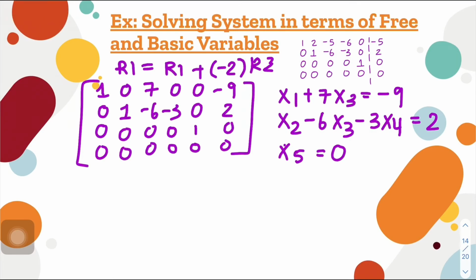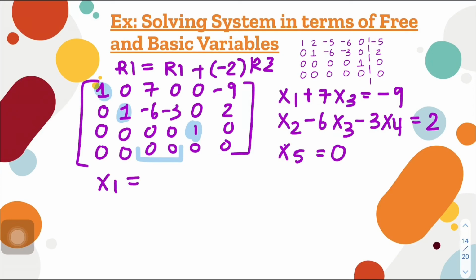So we need to just rewrite everything in terms of our variables. Right here, we know that x1, x2, and x5 all are pivot variables, which means that they are basic variables. Versus x3 and x4 here, they are free variables. So let's rewrite everything in terms of our free variables.